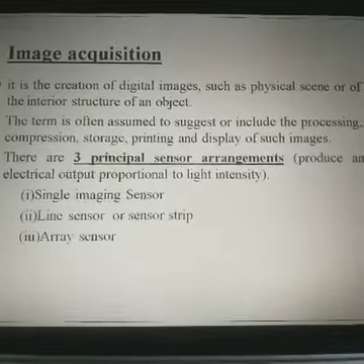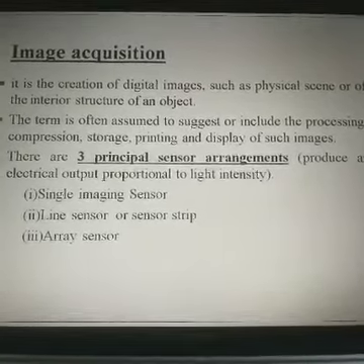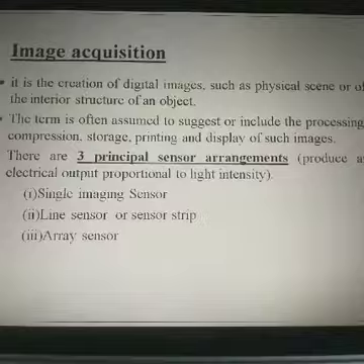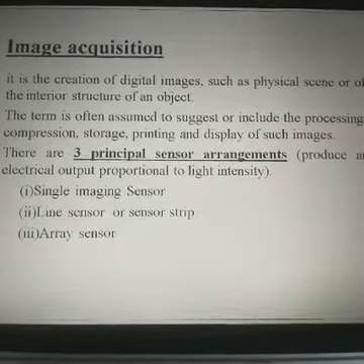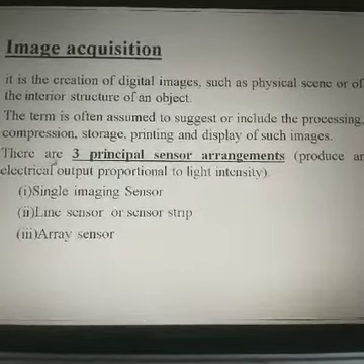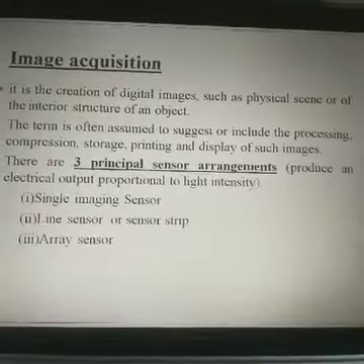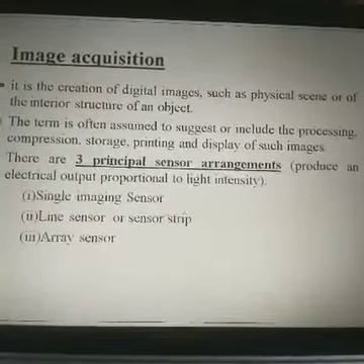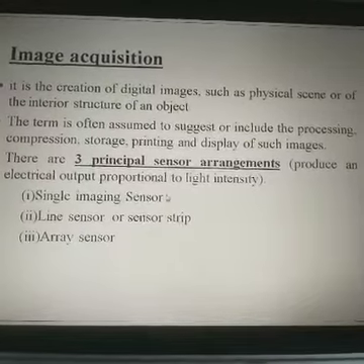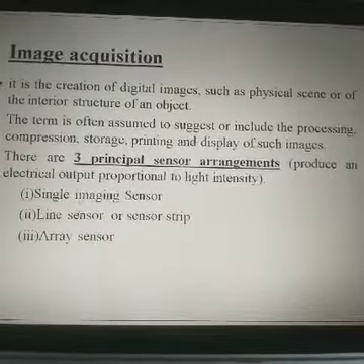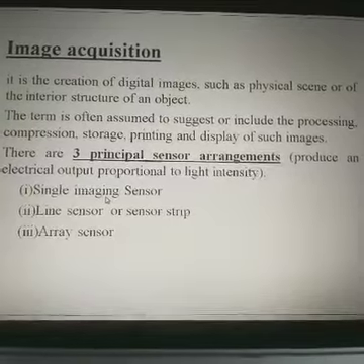So the processing, compression, storage, printing and display of images is done in the image acquisition step. There are three principal sensor arrangements used to produce an electrical output proportional to the light intensity.